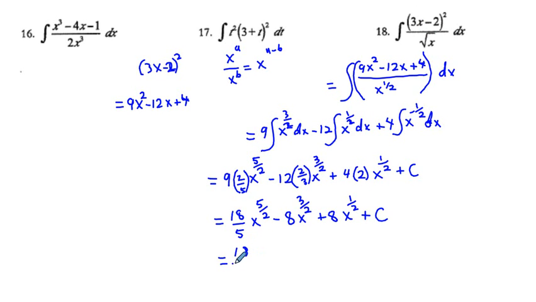We have 18/5. Let's make that a little neater. So you have 18/5, then x to the 5/2 power is the square root of x to the 5th power, minus 8 times x to the 3/2 power, which is the square root of x cubed.